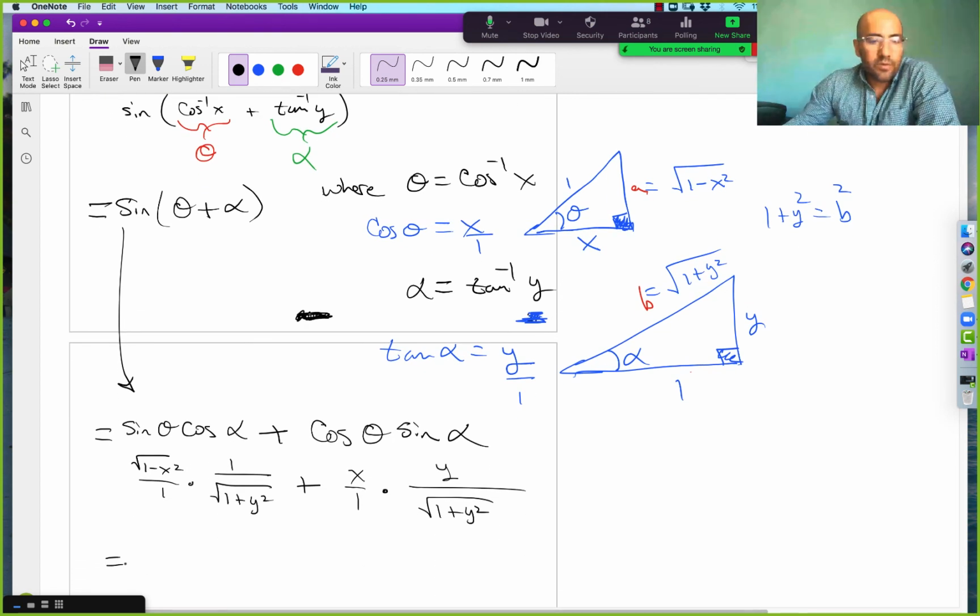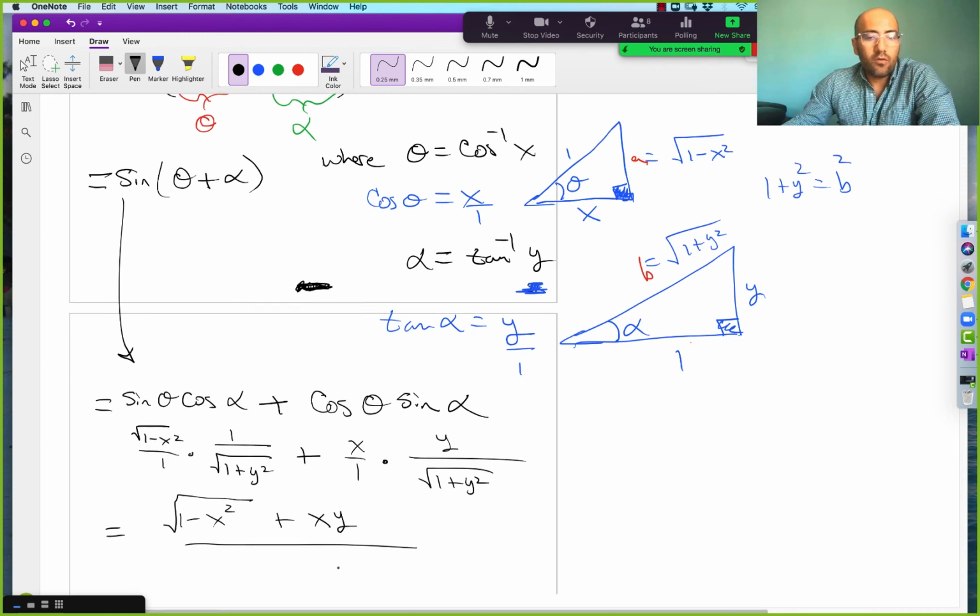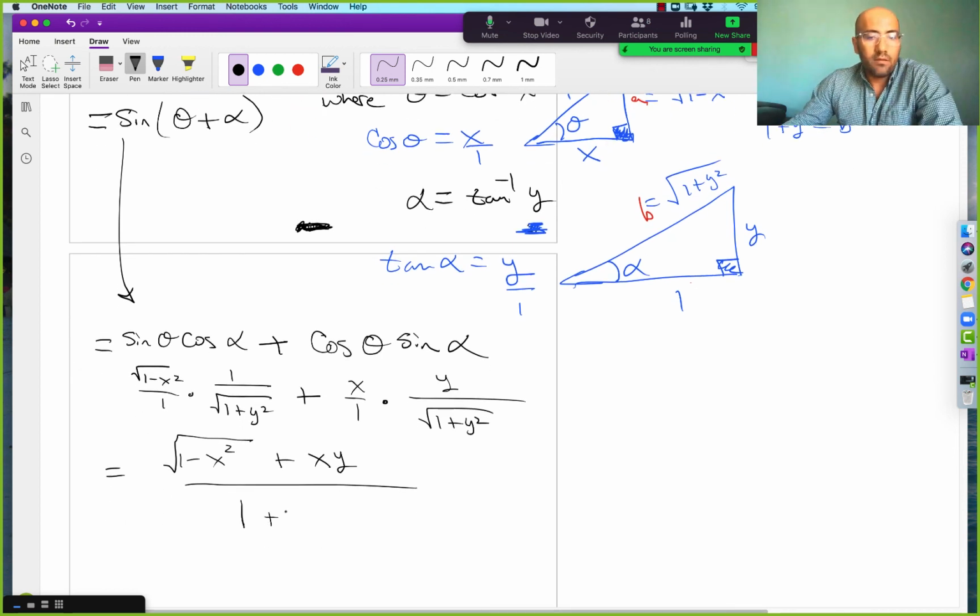Good. So we can bring them together. Luckily, they have the same denominator. So it's going to be the square root of 1 minus x squared plus xy, all over the square root of 1 plus y squared.